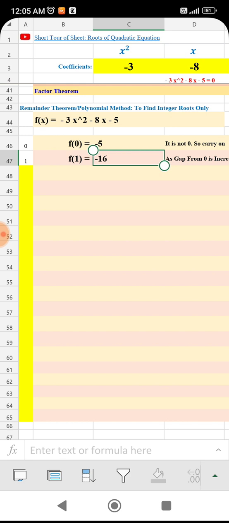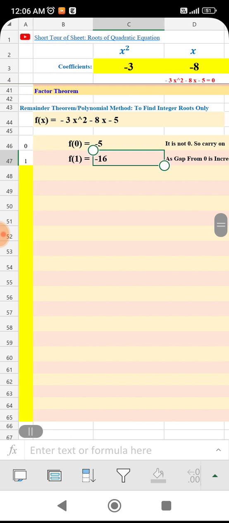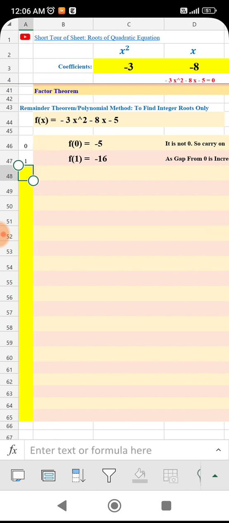The gap between -5 and 0 is 5. The gap between -16 and 0 is 16. So the gap is increasing. We cannot go to 2, 3, 4, 5, 6 like that. We have to go in the reverse direction. That means we have to go for -1.